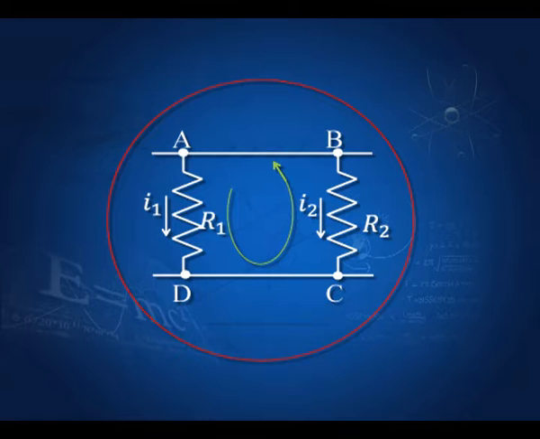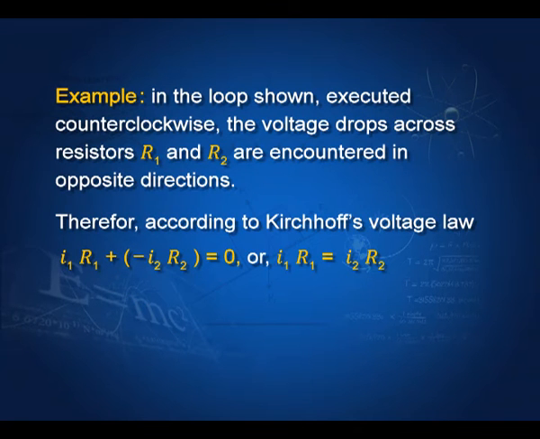Then this current I2 is in the direction opposite to the counterclockwise direction, and therefore, the potential drop across R2 must be negative. So, I1 R1, we have to take the algebraic sum, minus I2 R2, equals 0, or I1 R1 is equal to I2 R2. That is a statement, in fact, that they have a common potential difference.